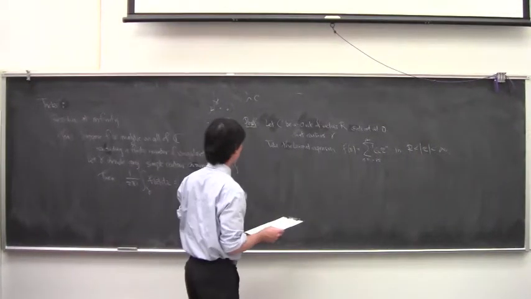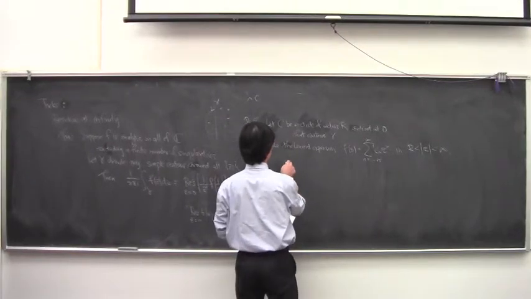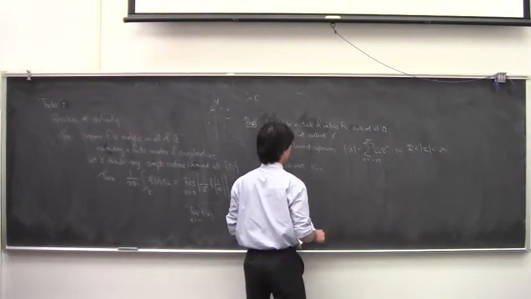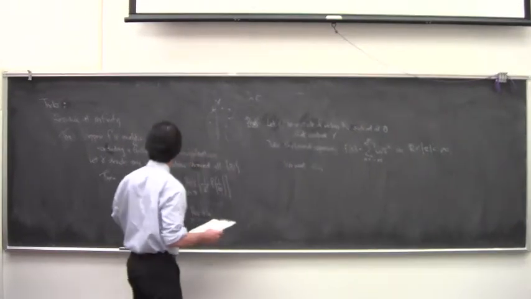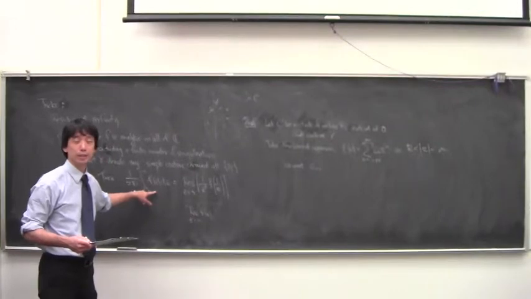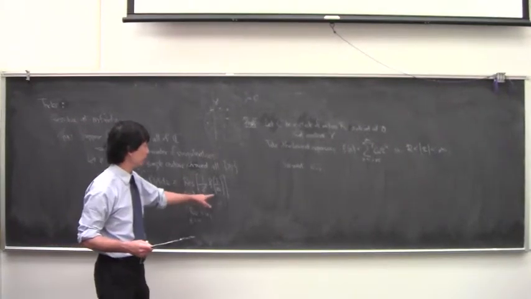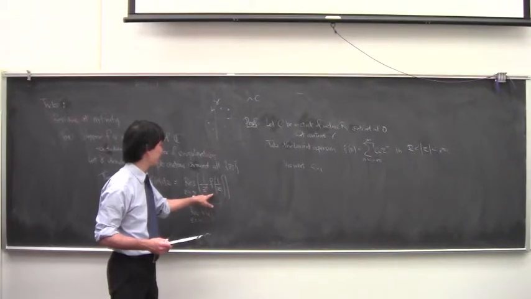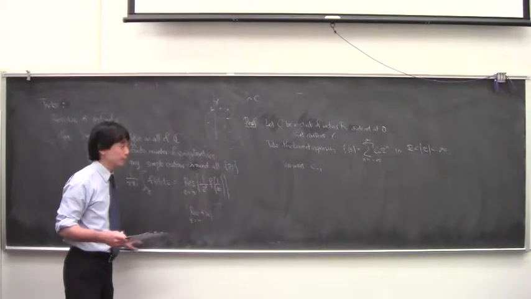And you know what we want, right? We want c sub negative 1, because that's the integral that we're looking for. Okay, and so what we need to do is show that c sub negative 1 is equal to this.